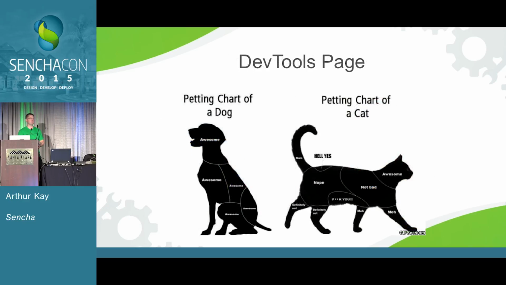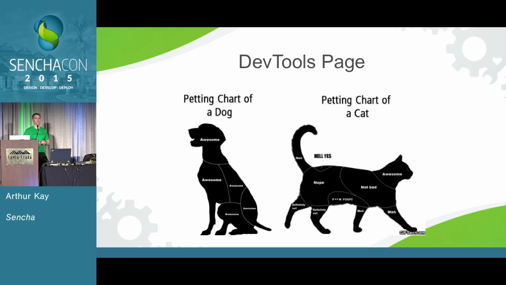And finally, the DevTools page, or the panel within Developer Tools, is the interface you are going to build to display information about the inspected window. And I feel this is a really good analogy here, where if you think of an application as a cat or a dog, Chrome developer tools can tell you that the fur is orange because that's styled via CSS, or one of its claws broke because it throws an error in the runtime.